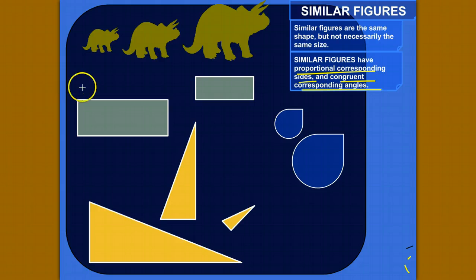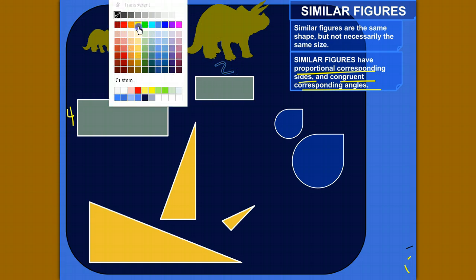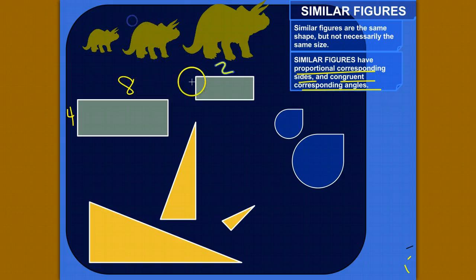To show you what that means here, let's say that the length of this side is 8, and this side is 4. Let's make that 2 actually, and this is 1.